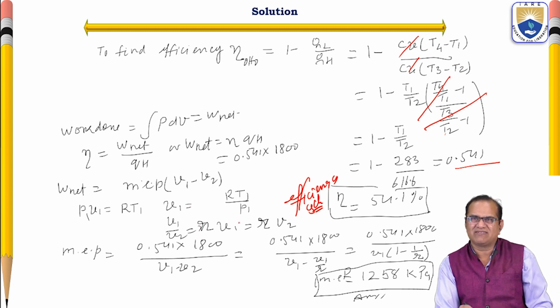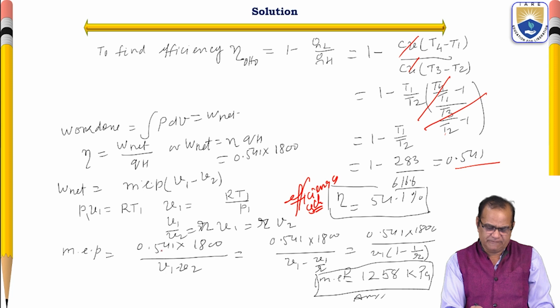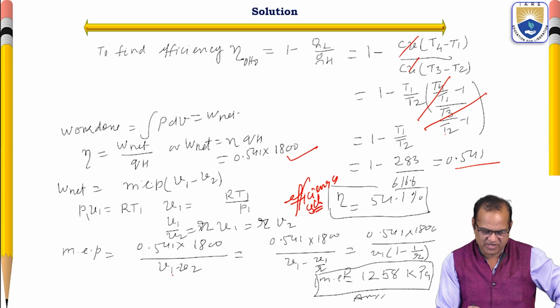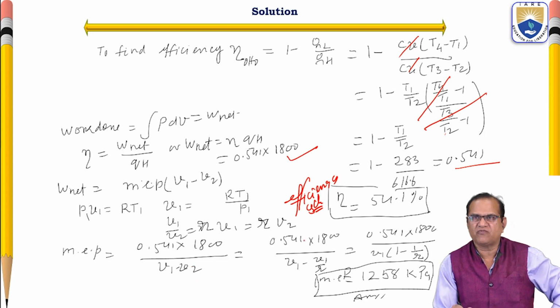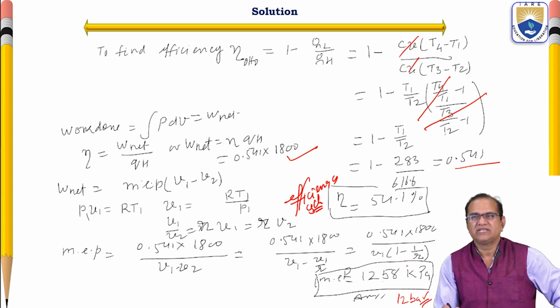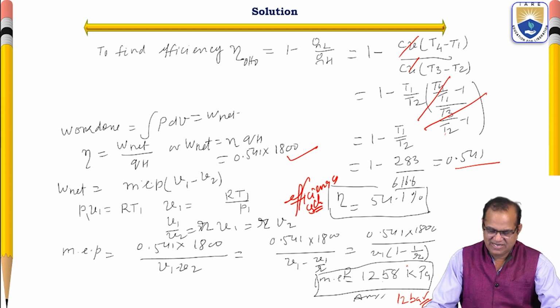So from here we will get V1, and MEP is equal to 0.541 into 1800 divided by (V1 minus V2). So 0.541 into 1800 divided by (V1 minus V1 by r), that is V1 into (1 minus 1 by r). So the mean effective pressure we will get is 1258 kilopascal or 12 bar. This is the mean effective pressure of this system.